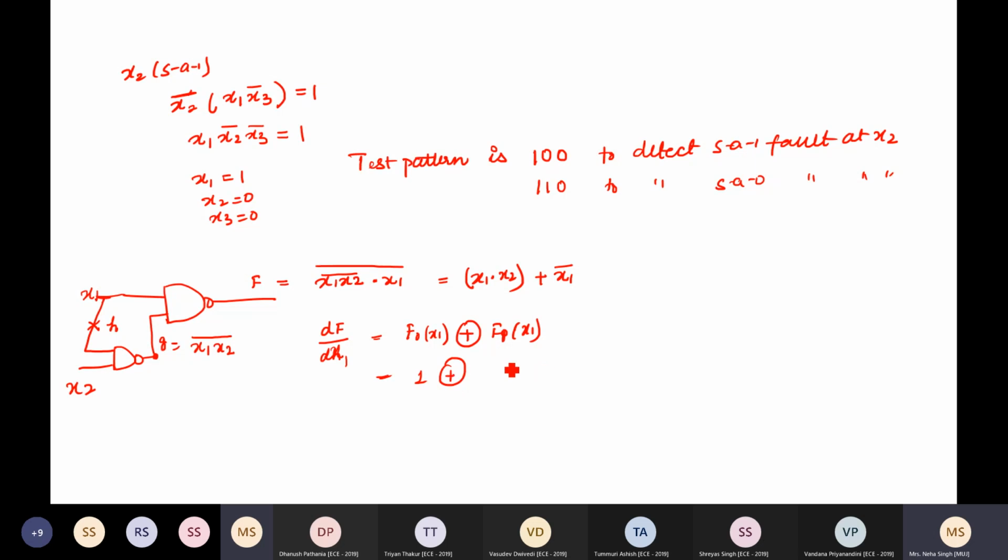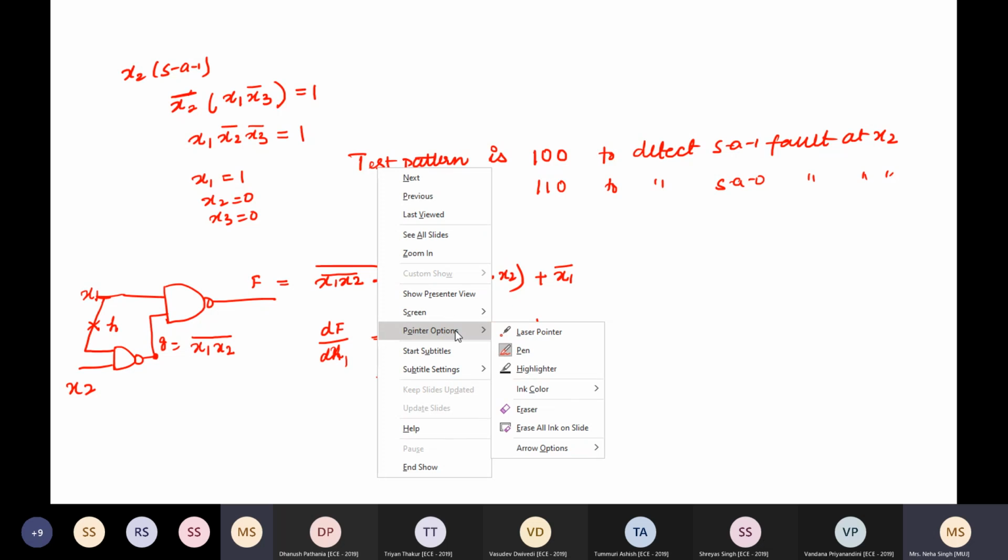Something wrong we are doing. Let's work with wire H.